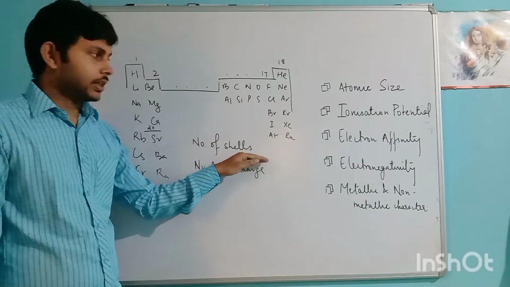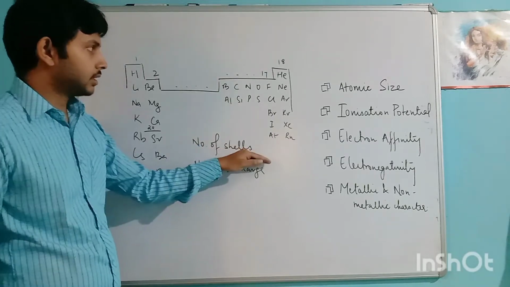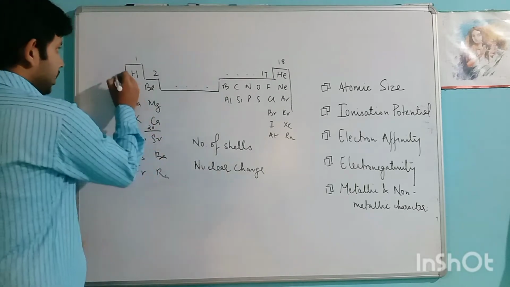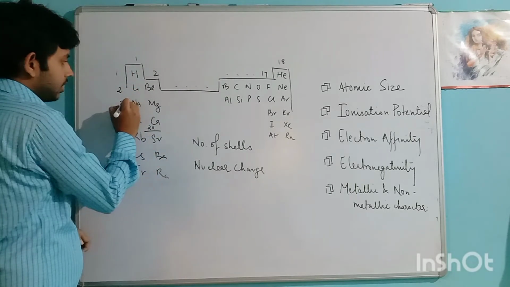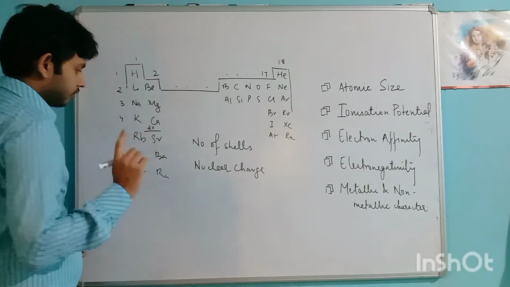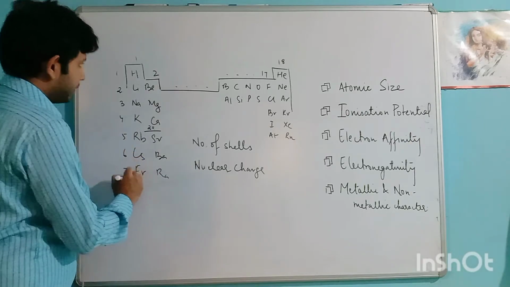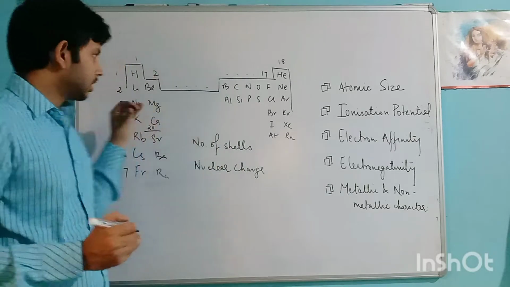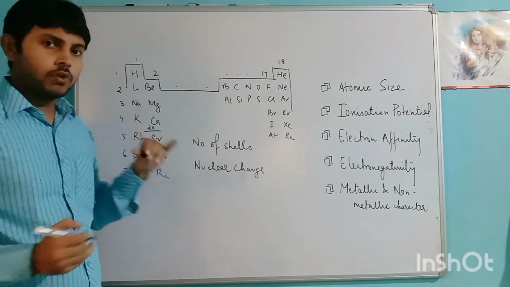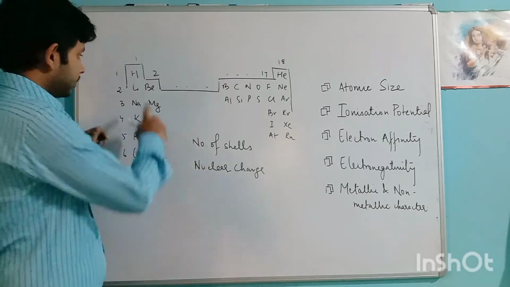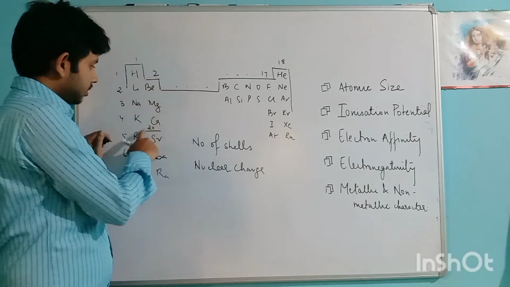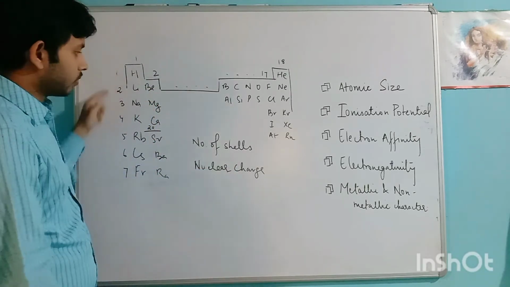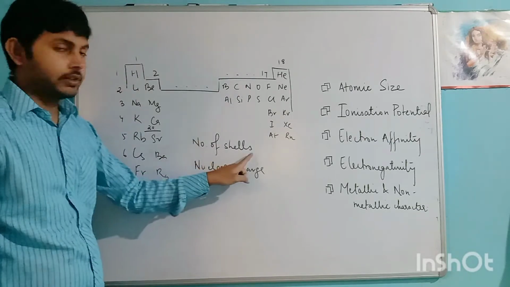So the number of shells in each period is the same. In period 1 there is 1 shell, and in period 2 there are 2 shells. Likewise in period 3 there are 3 shells, and in period 4, 4 shells. Down the group the number of shells is increasing by 1. So down the group number of shells increasing.